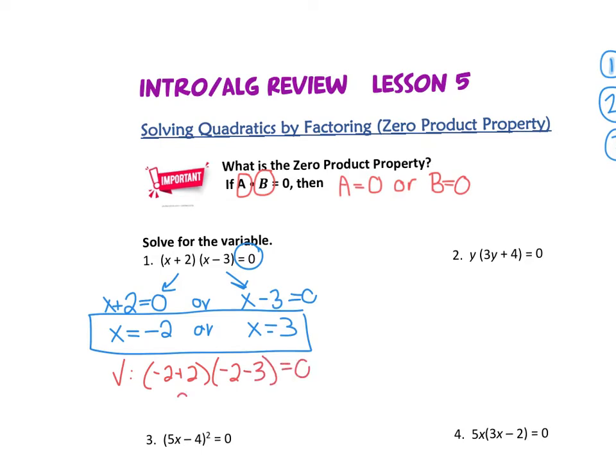Does this equal 0? Here I would get 0 times -5. That does equal 0. If I plug in 3, in the first parenthesis I would get 3 plus 2, in the second parenthesis I get 3 minus 3. Will this equal 0? 5 times 0 does work out to equal 0. So therefore, I would know that that is correct.